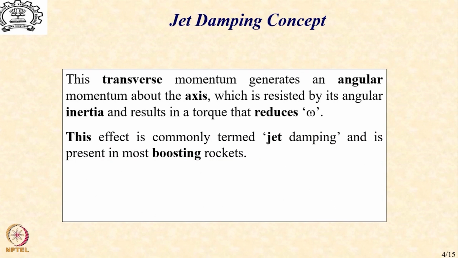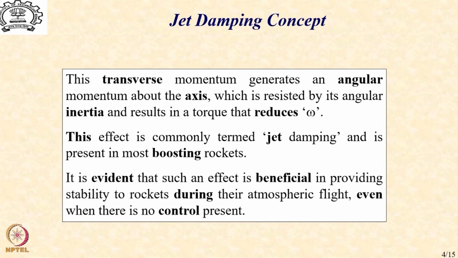This effect is commonly termed jet damping, as it aims to dampen out or reduce the amplitude of the angular velocity and is present in most boosting rockets.